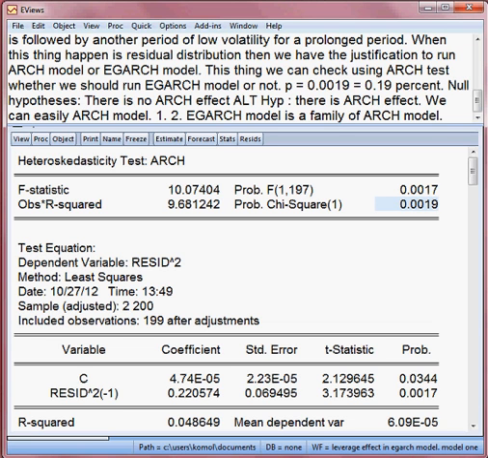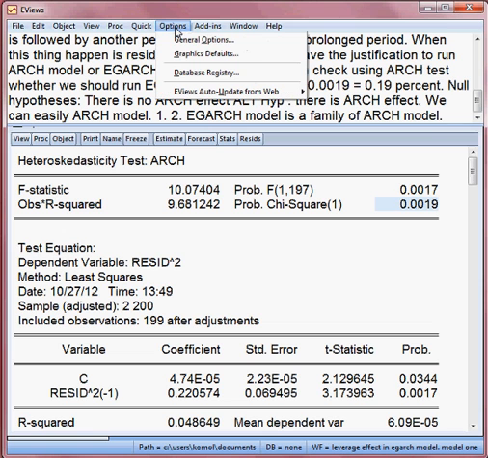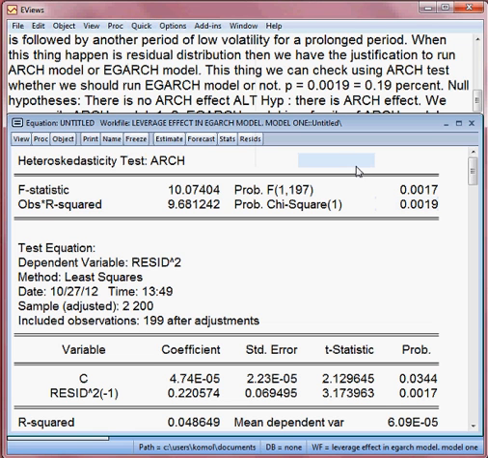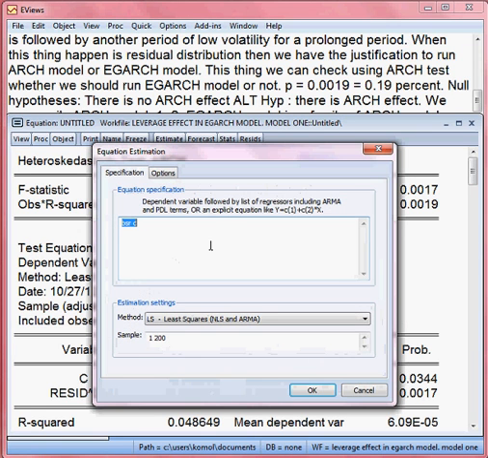Okay, so now we can run the EGARCH model. The question is how to run the EGARCH model. I go to Quick, and also I can do it from here. Here I can click Estimate.